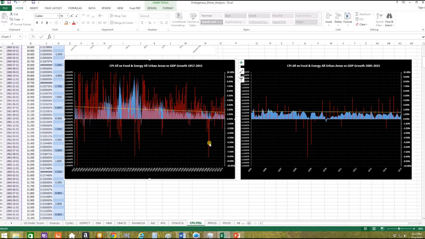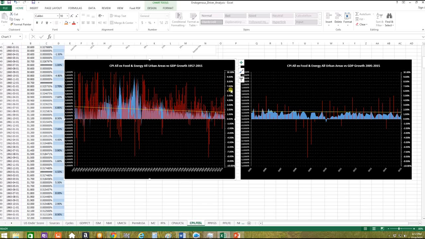Firstly, we look at the data relative to real GDP, going back for the whole history, so all the way back to 1957. We have on the left-hand side, in blue, the CPI excluding food and energy, and these are the monthly percentage changes.